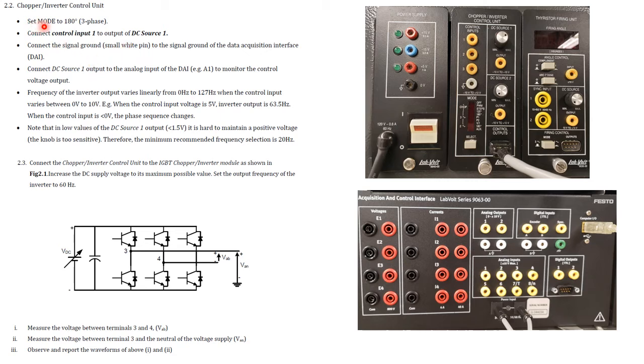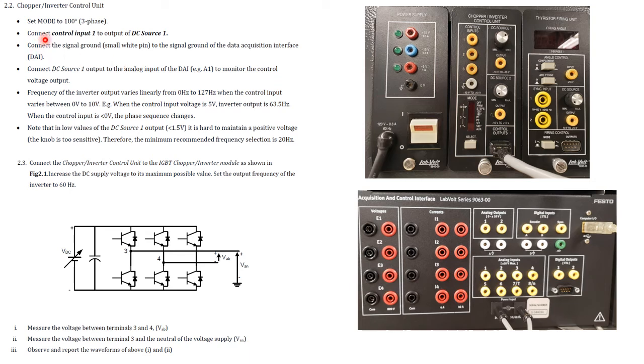It says set mode to 180 three-phase. First turn this on, which turns the inverter control unit on. Then, using select mode, put it on 180. Here we need 180, and as you can see it says three-phase.